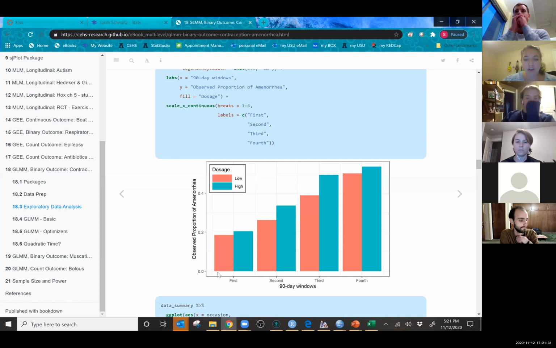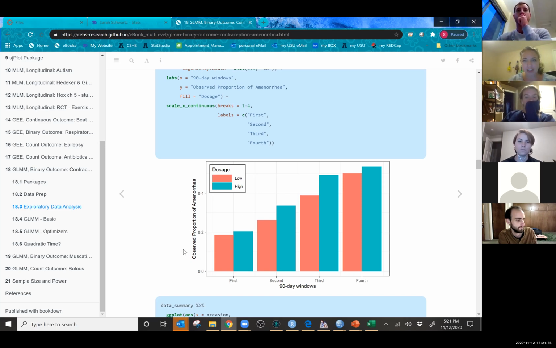This is the first time, when they initially come in: how many people are observed to already have amenorrhea at the first visit in the low dose and the high dose. And this is randomized. Then each successive time period, so these are 90 days, they only saw them every 3 months. What happens to the chance of amenorrhea over time?